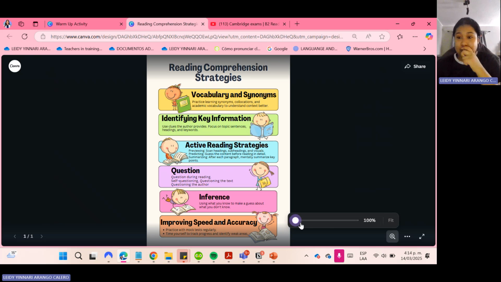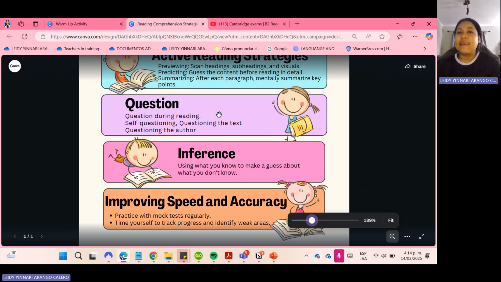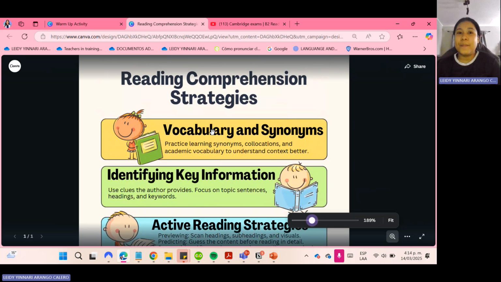Then let's move on to this activity, a cute, really simple but really helpful infographic that talks about reading comprehension strategies. Vocabulary and synonyms are really important to know when it comes to reading because they help us identify the most accurate answer. Identifying key information is also important because it helps with the speed of our reading.